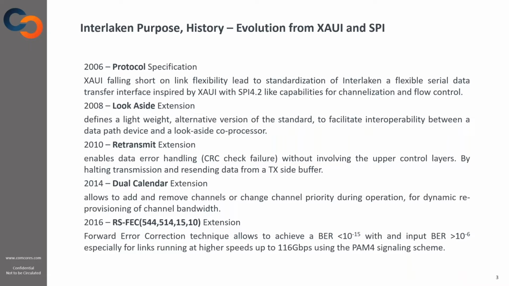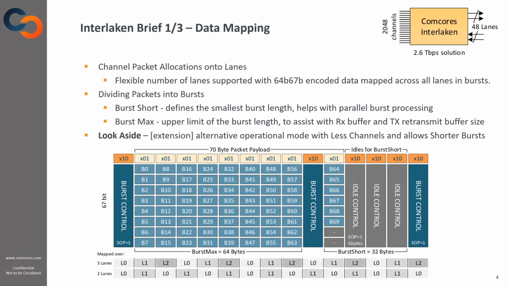To help the bit error rate, the RS-FEC encoding, or forward error correction, fixes errors on the stream and improves the bit error rates to a usable level, below 10 to the minus 15, right? And this is important when you're using PAM4 signaling over NRZ, because that is inherently much poorer quality because of the 4 levels of signaling.